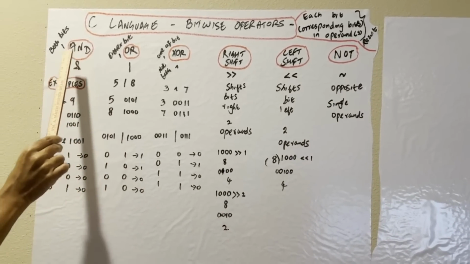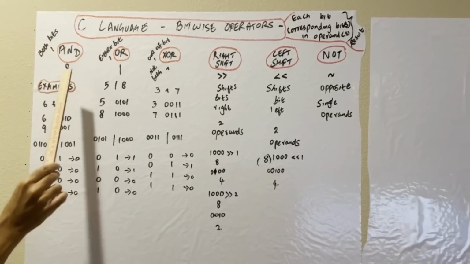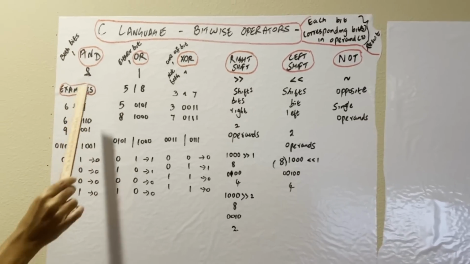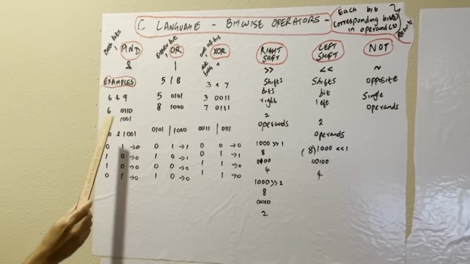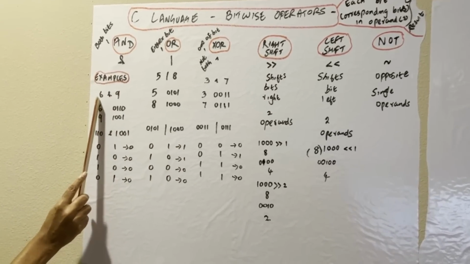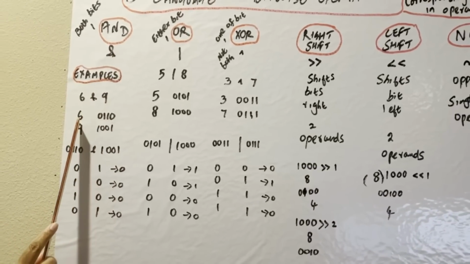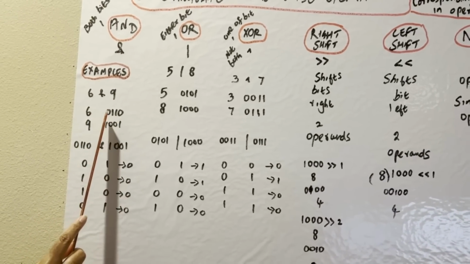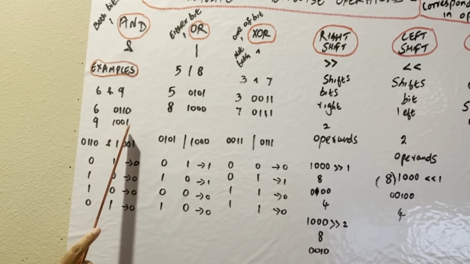Regarding the AND bitwise operator, if both bits of both operands are 1, then the result is 1. For example, operand 1 is 6, operand 2 is 9. 6 in binary is 0110, and 9 in binary is 1001.